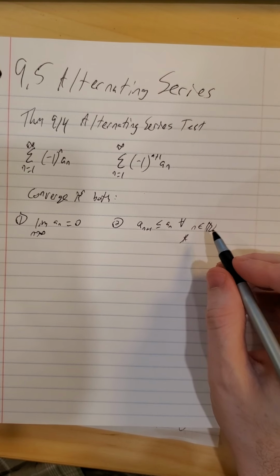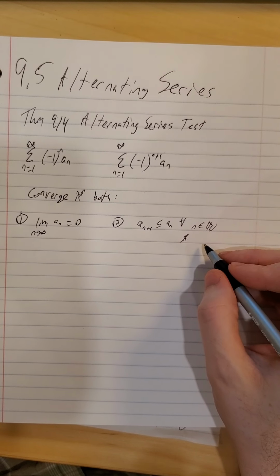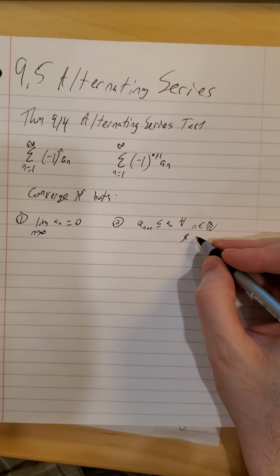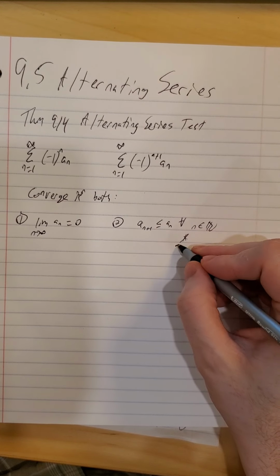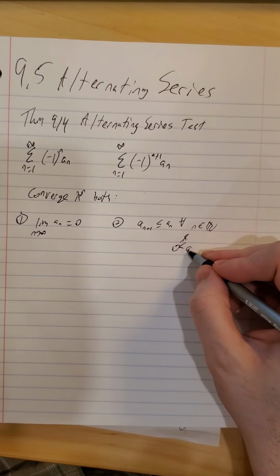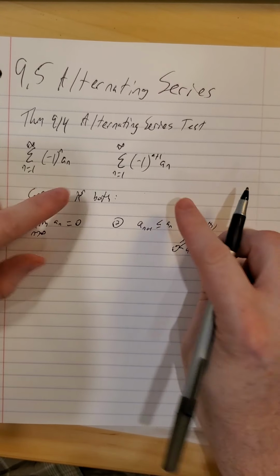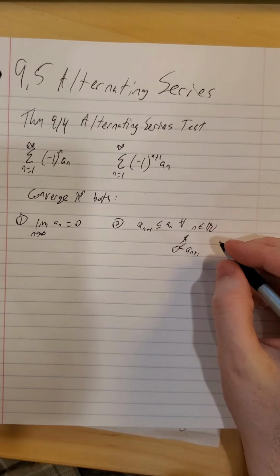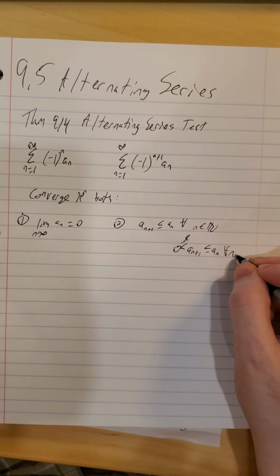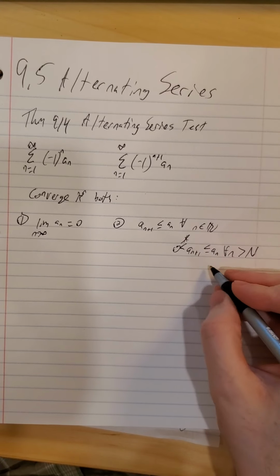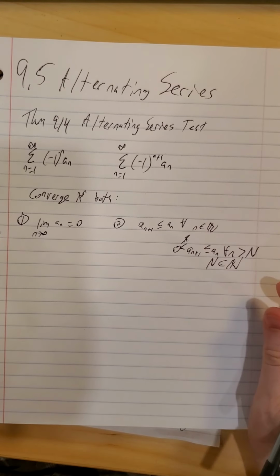Now we do have the ability, like in the other ones, to remove a finite number of cases. So we can also use 0 is less than a sub n plus 1. So it's saying that a sub n's are still positive, less than or equal to a sub n for all n greater than some other n, cap N, and of course the natural still.